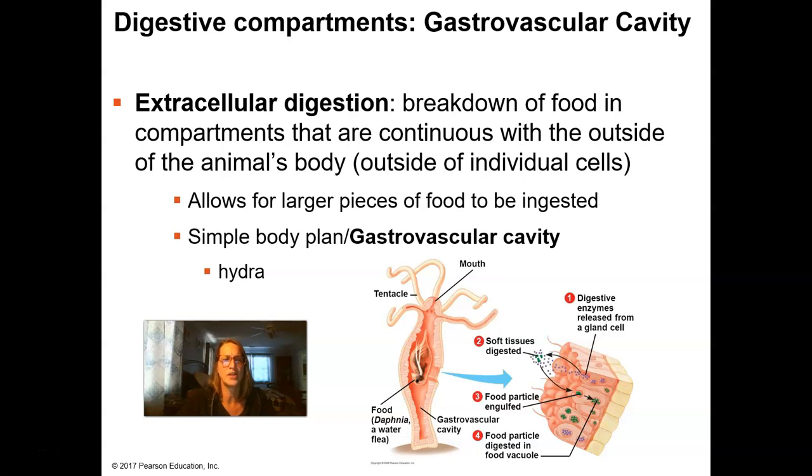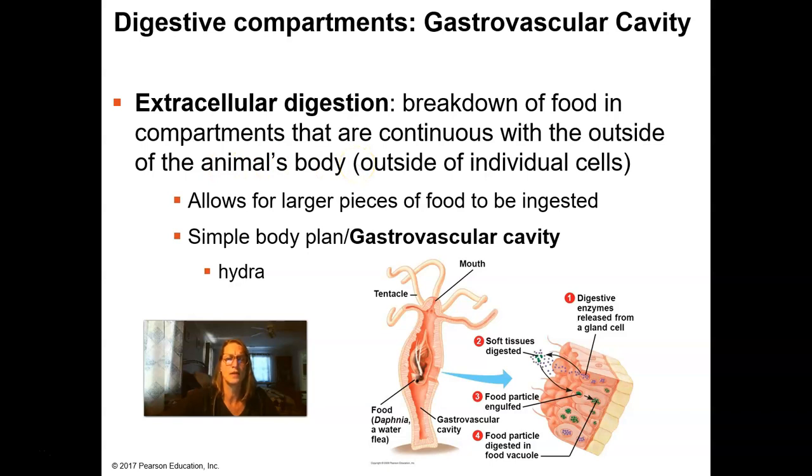Our digestive tract actually is continuous with the outside of our body. If you think about our digestive tract involving our mouth and our rectum and all of that, there are actually openings to the outside of the body. So extracellular digestion would be any digestion that occurs in a similar type of structure to that. It's not occurring within our cells, it's within compartments.